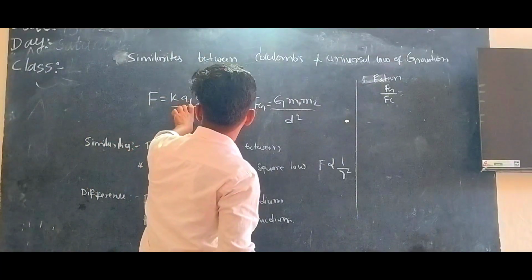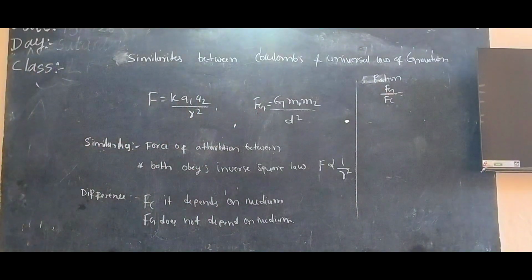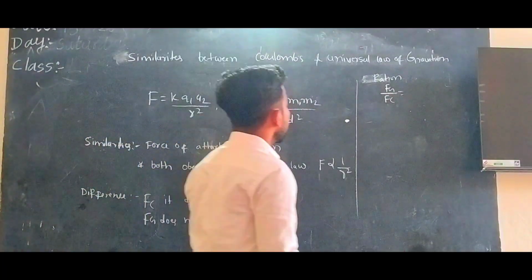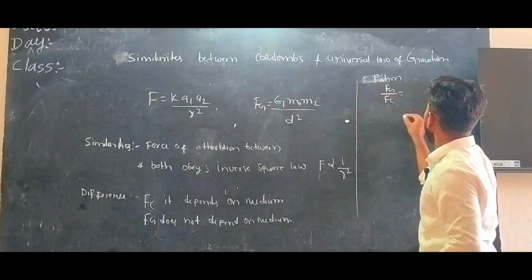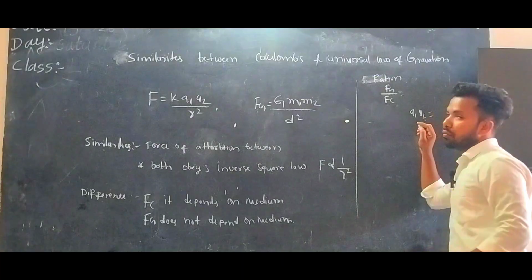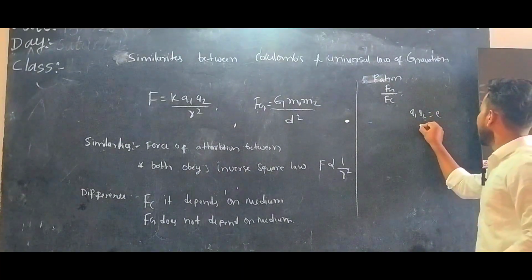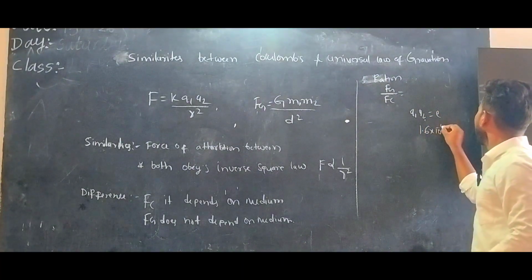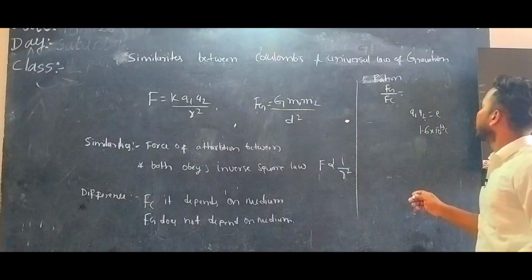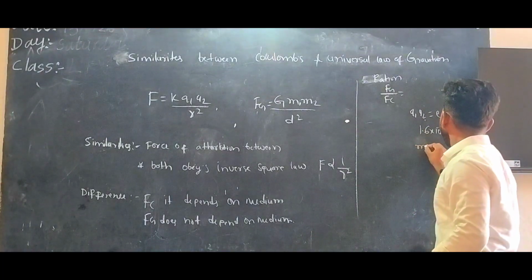Here Q1 and Q2 are equal to the very fundamental term e, where the value of e is 1.6 into 10 to the power minus 19.